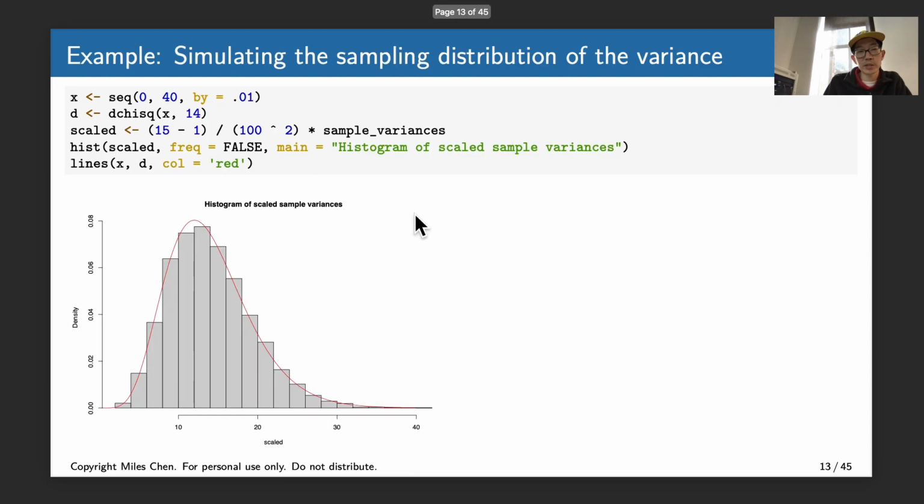And so if I put in that scaling factor, I can draw the theoretic chi-square distribution in this red line, and I can compare it to my histogram, and we see that there is pretty close alignment. Perfect alignment would be the red line goes through the center of each of these bars, and we see this red line goes pretty much through the center of that bar, close to the center of that bar, close to the center of that bar.